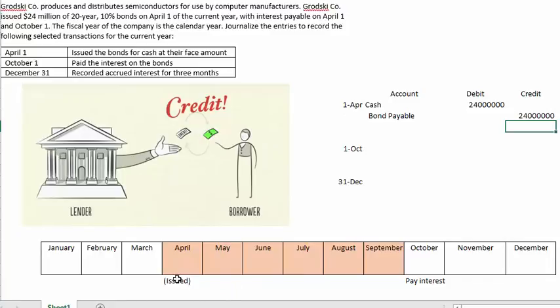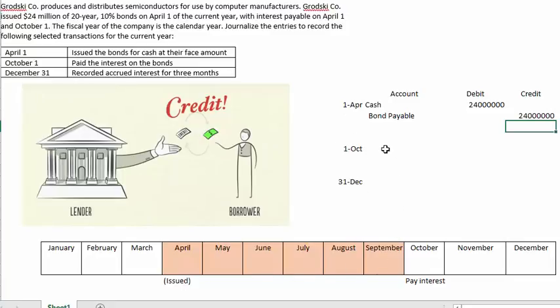What the contract says, and you can see in these first 6 orange boxes, is that we are going to owe interest at October 1st. And interest, remember, is money rent. That's for these first 6 months of the bond being outstanding. So we're going to write a check, us being the borrower, on October 1st, that's this date, for the amount we owe.